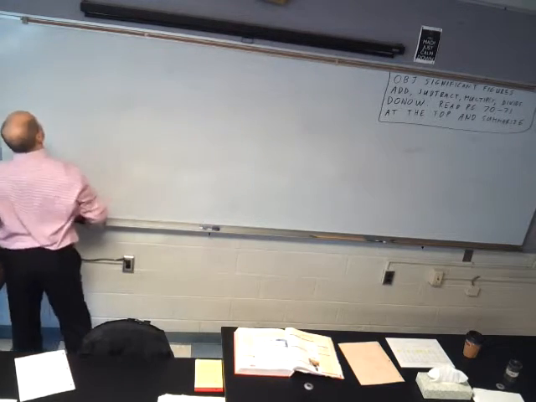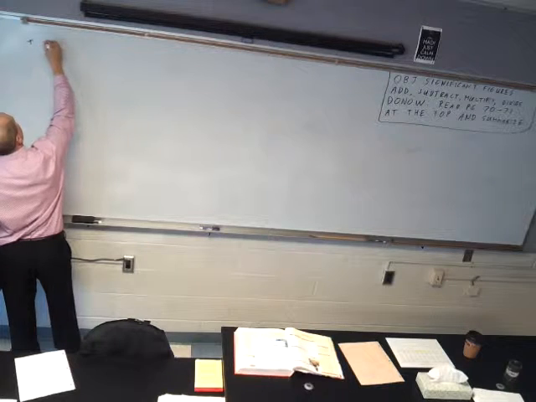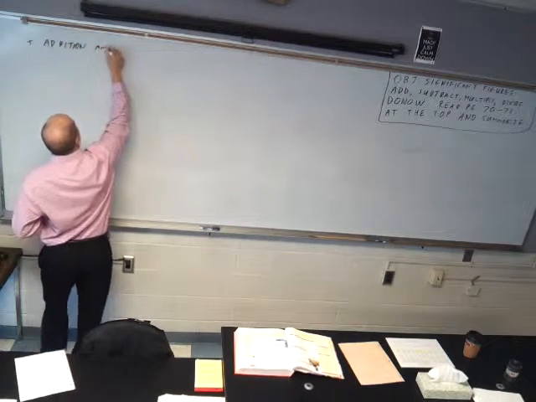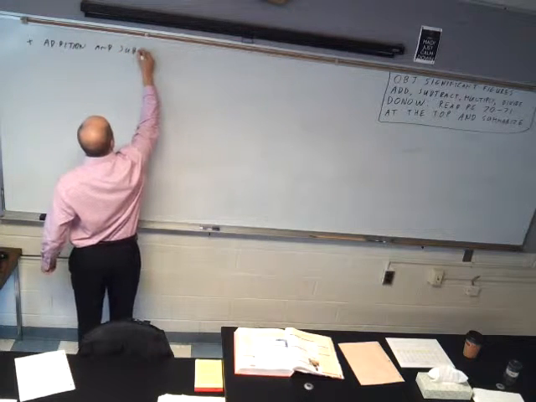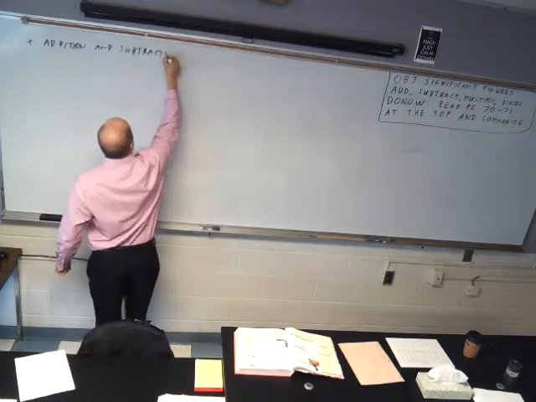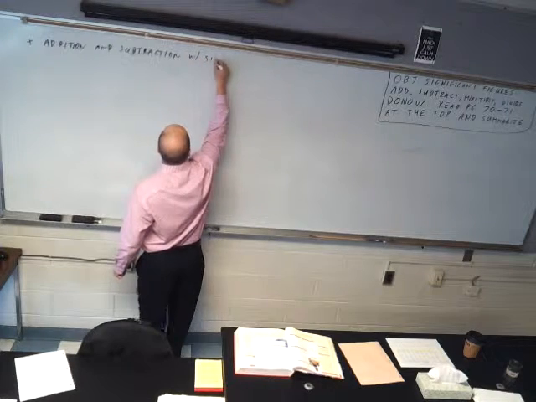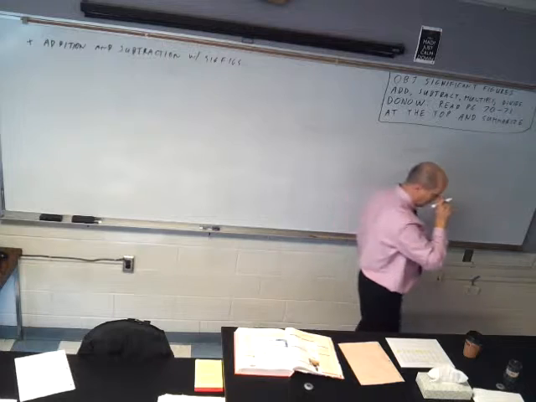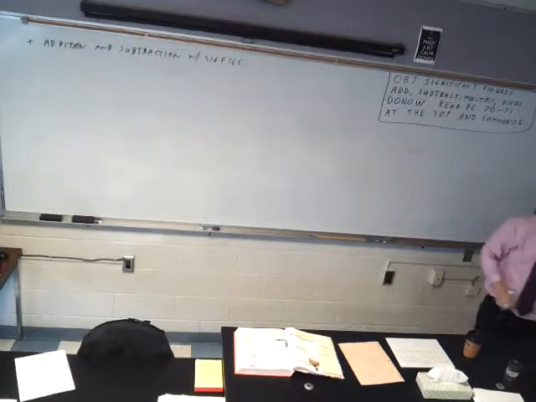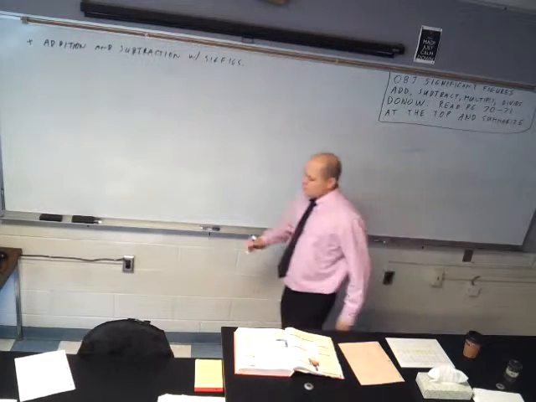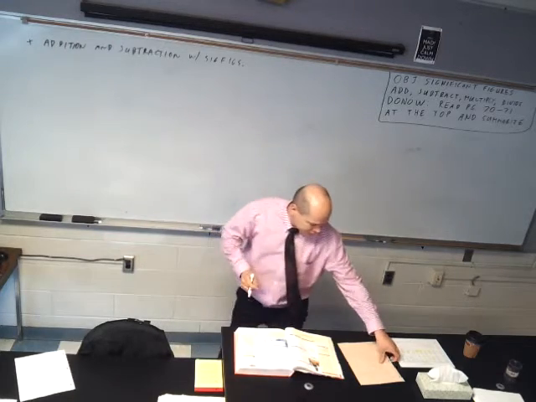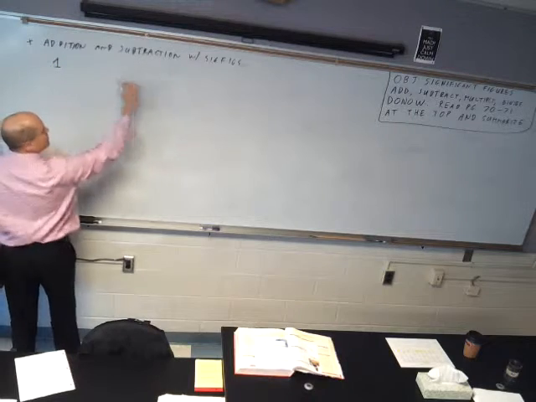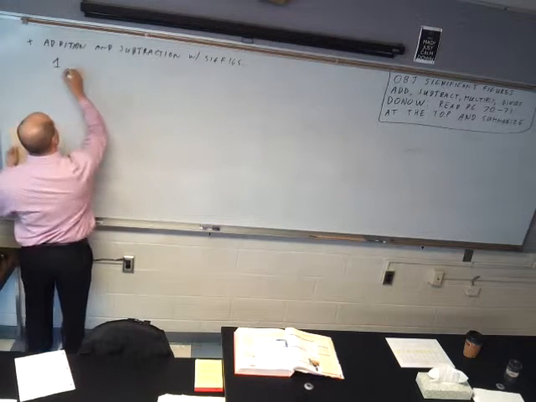So, let's talk about this. This will be addition and subtraction with sig figs. Write this down. Yes, write this. Okay, so here are the rules for addition and subtraction. Number 1, and off to the side I'm going to put an example, so maybe you have a little bit of space on the side there.